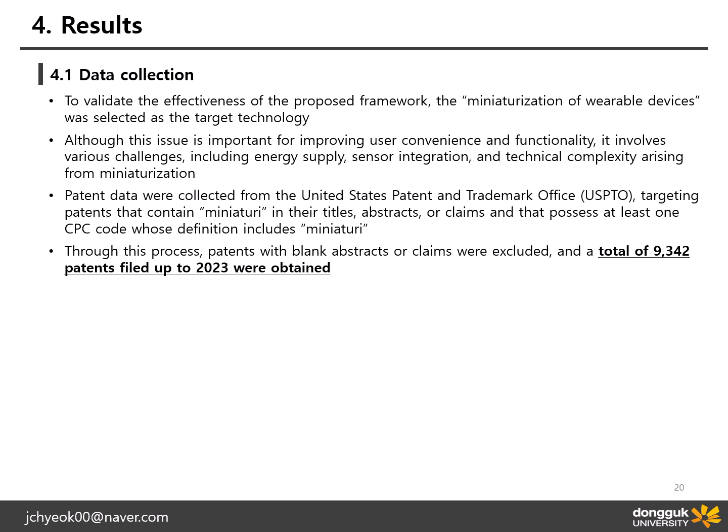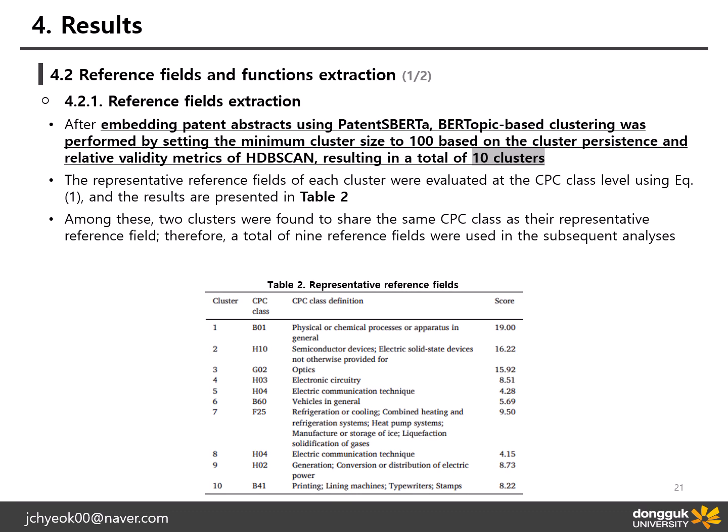After removing duplicate records, a total of 9,342 patents filed up to 2023 were retained as the final dataset for analysis. Abstracts were first embedded using PatentSBERTa, and BERTopic-based clustering was then applied, resulting in a total of 10 clusters.